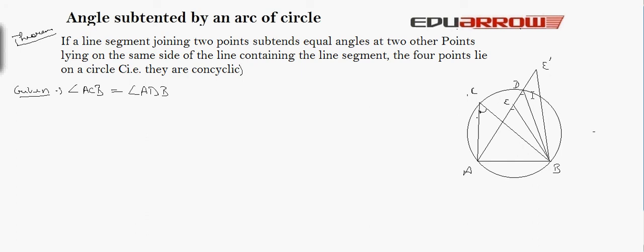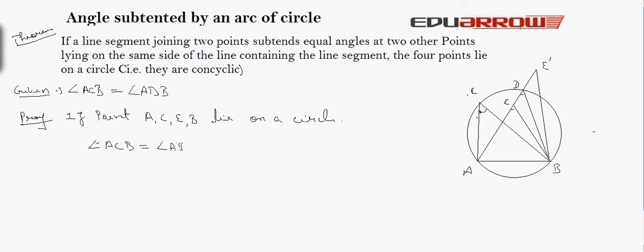Now let's draw a circle that passes through points A, B and C. Suppose it does not pass through point D. Now consider it intersects at point E or E dash but does not pass through D. So we can write here, if points A, C, E, B lie on a circle, then angle ACB is equal to angle AEB.